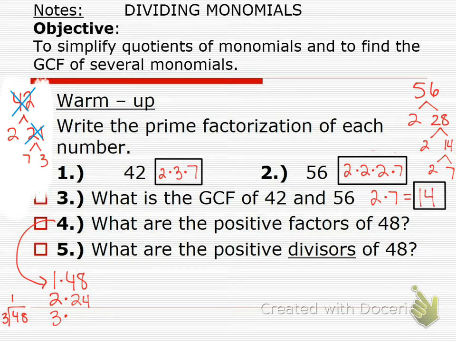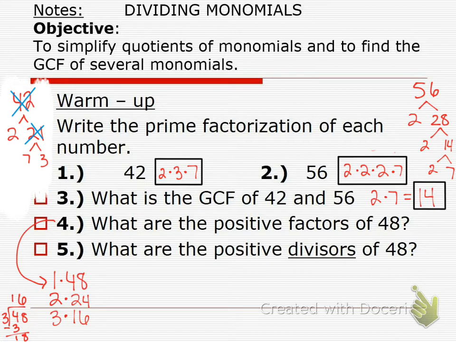Once. 1 times 3 is 3, subtract. Bring down your 8. How many times does 3 go into 18? 6. So 3 times 16.